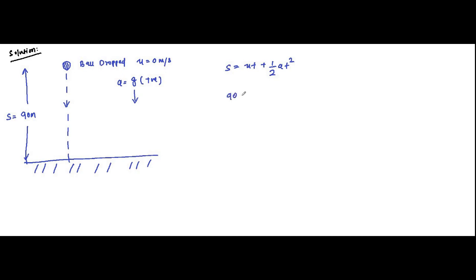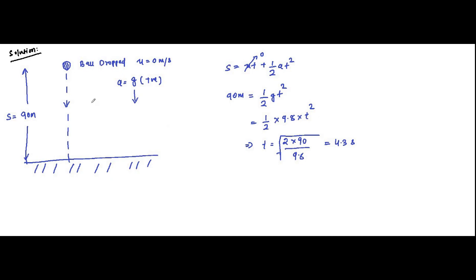S is 90 meters, u is 0, so this whole term will become 0, and we will be left with 1/2 into g t square, which is equal to 1/2 into 9.8 into t square. That implies t is equal to root over 2 into 90 by 9.8, and that is coming around 4.3 seconds.